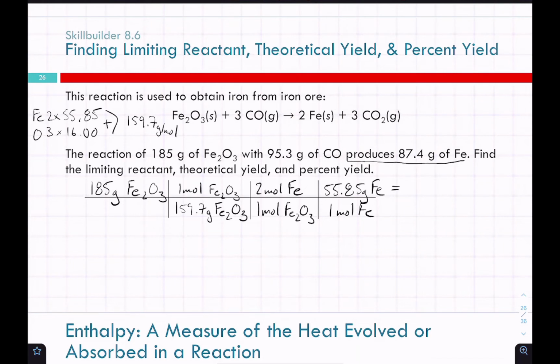I'm just going to calculate that real quick. That's going to be 129 grams of iron.